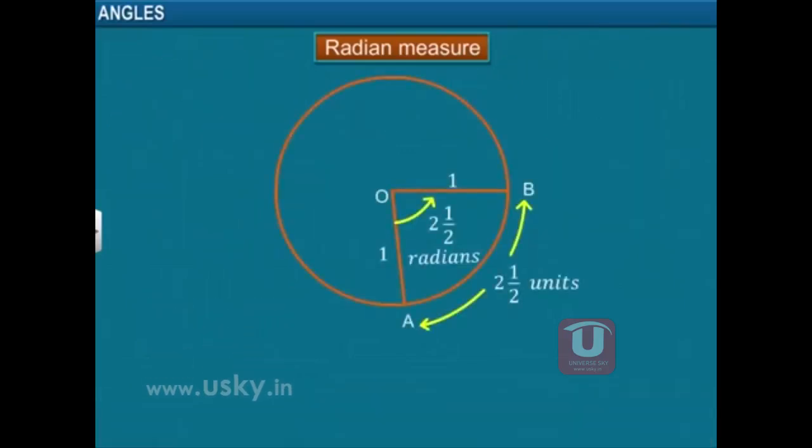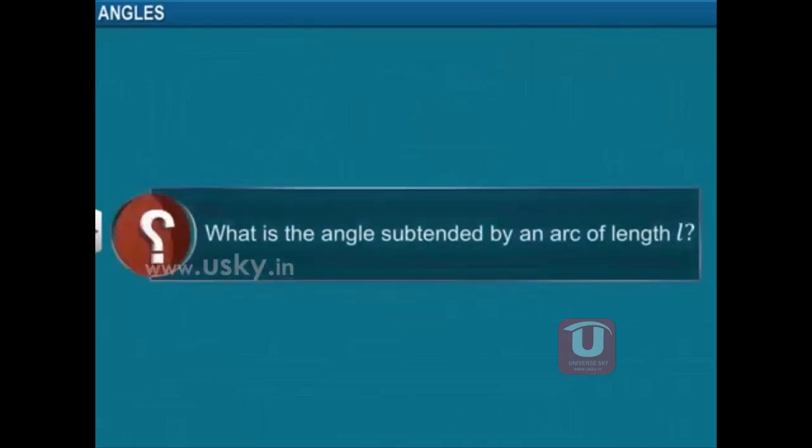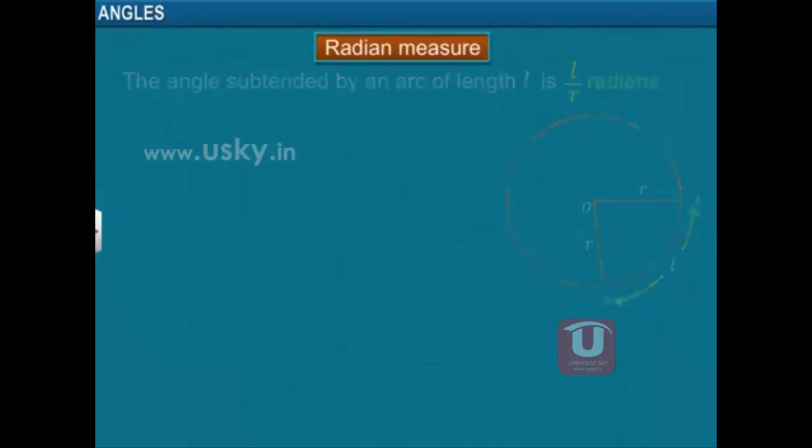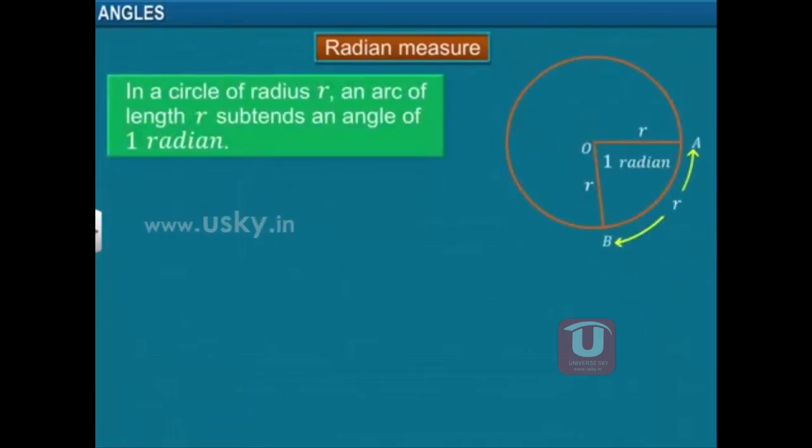If the length of the arc of a unit circle is 2.5 units, then the angle made by the arc is 2.5 radians. Guess what is the angle subtended by an arc of length L? It is L divided by r radians. This is because in a circle of radius r, an arc of length r subtends an angle of 1 radian.